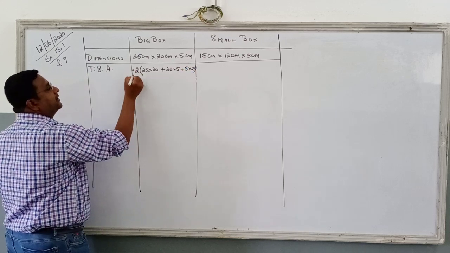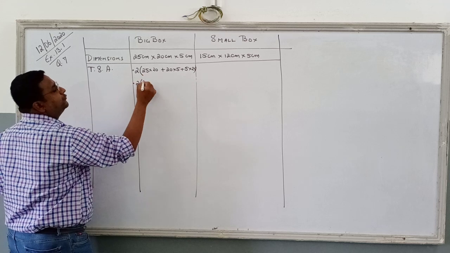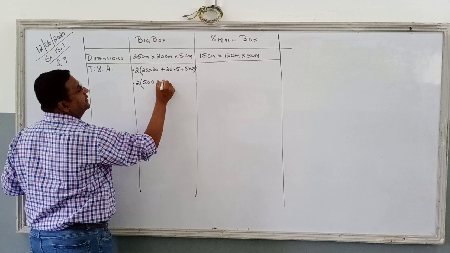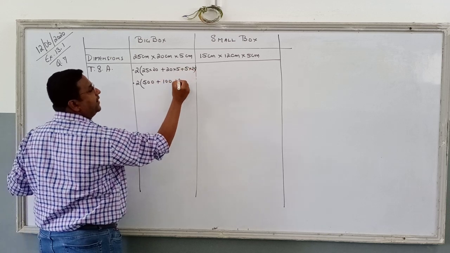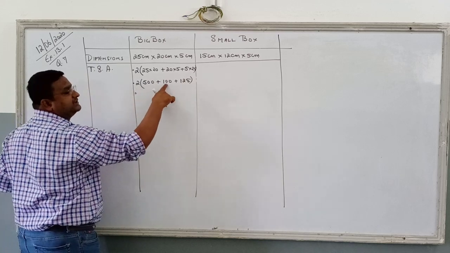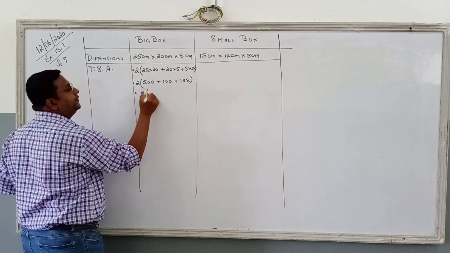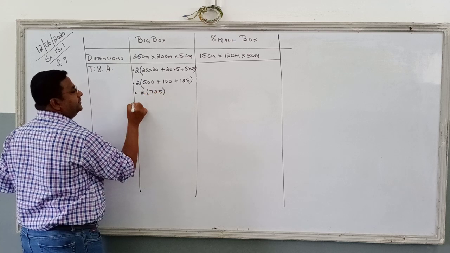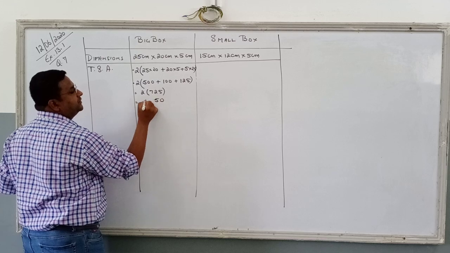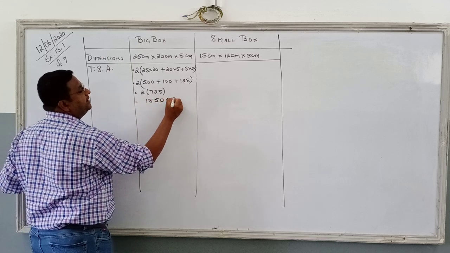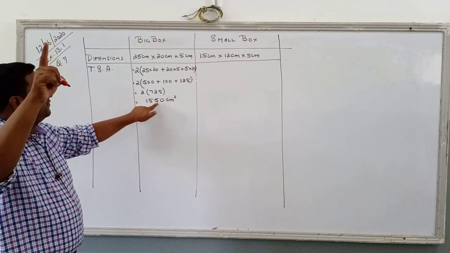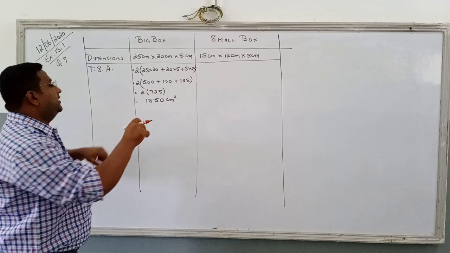So that comes out to be 2 into (500 plus 100, 600, plus 125), 2 into 725, that is 1450 centimeter square.